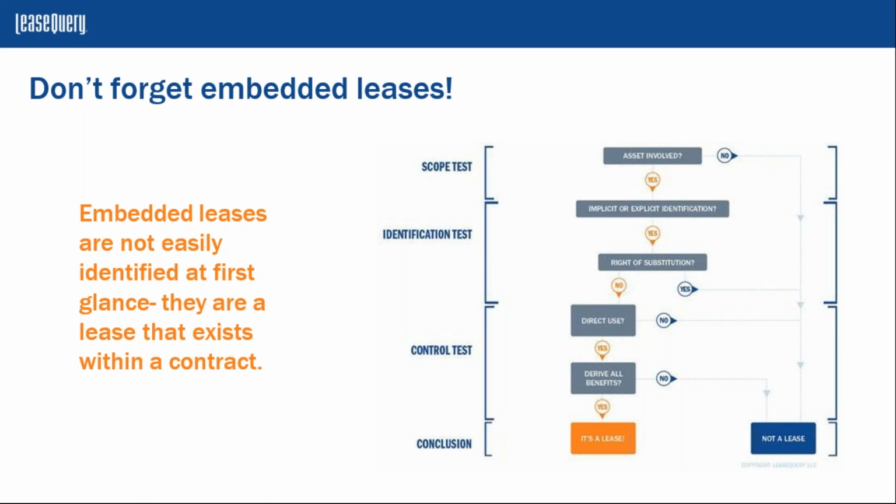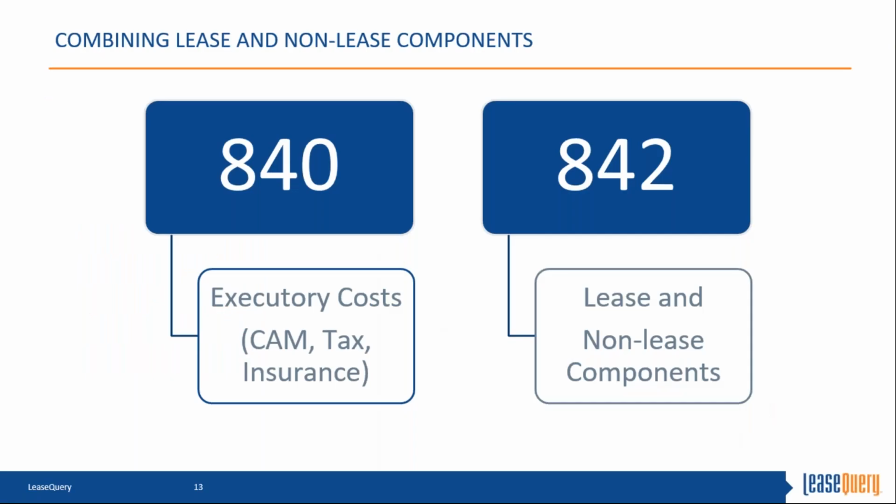So again, all of this is just one step of the process of adoption. It's going to take a little bit of time. LeaseQuery does offer a free tool on our website that can walk you through some of these questions to help assist. And I know Tim's team also helps organizations walk through this information as well. So there are resources out there to assist organizations to speed up the process.